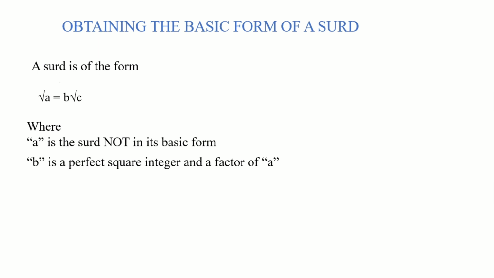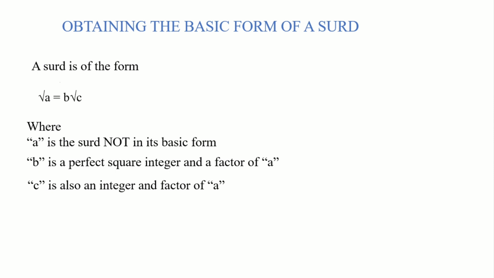A positive or negative whole number. Now b being a perfect square simply means b multiplying itself. So for example, 2 times 2. 2 is a perfect square, 4 is a perfect square, 4 times 4. And all these numbers must be factors of a. And c is also an integer and a factor of a. Now we're going to understand more of this when we take an example.